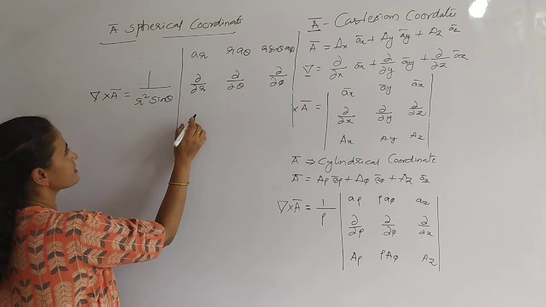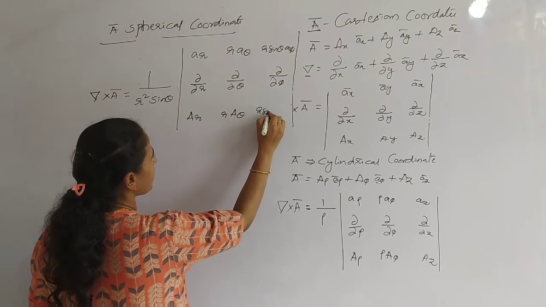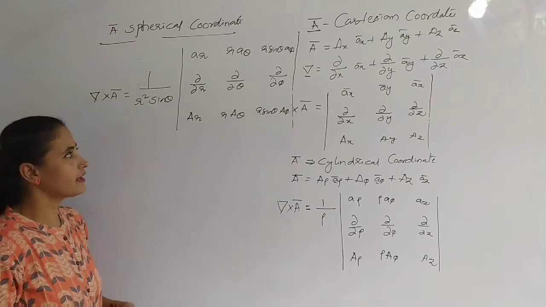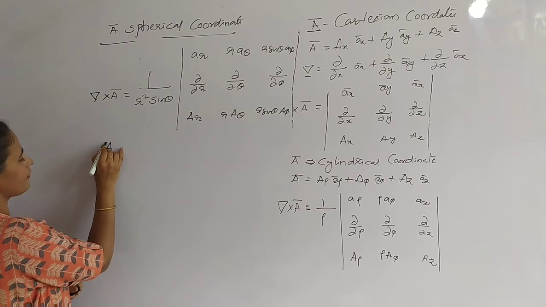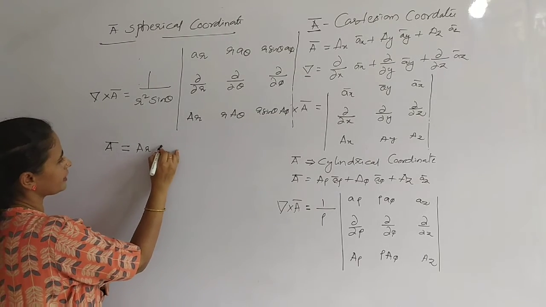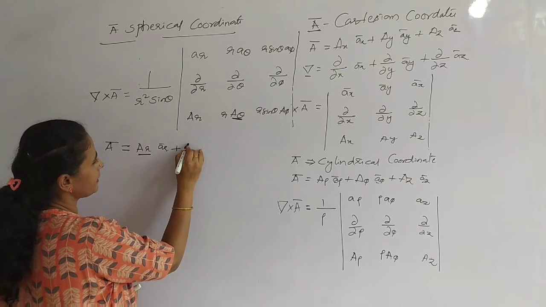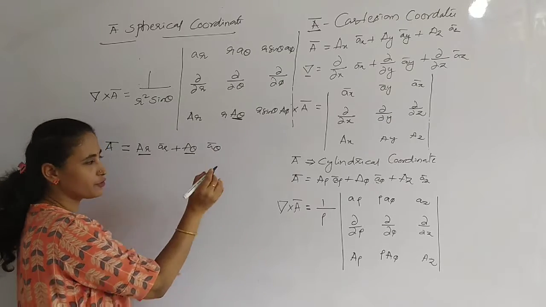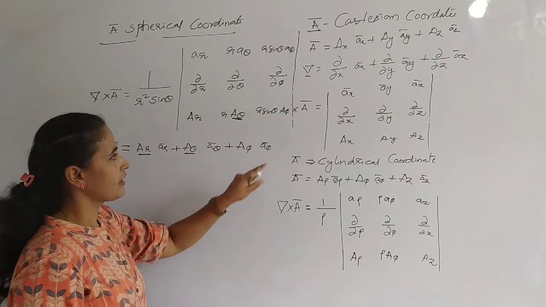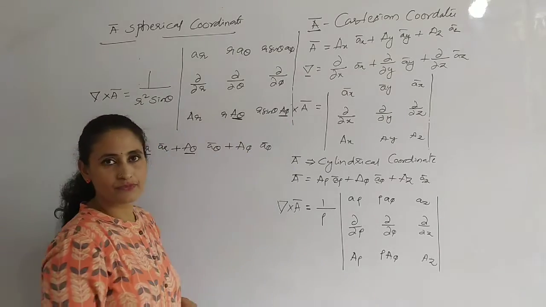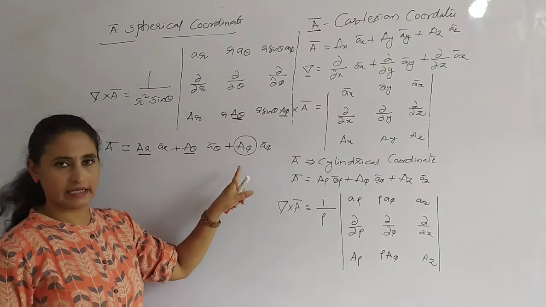Here, what are the magnitudes? A_r, r times A_theta, and r sin theta times A_phi. What are A_r, A_theta and A_phi? A_r is the magnitude of A bar along a_r, A_theta is the magnitude along a_theta, and A_phi is the magnitude along a_phi.